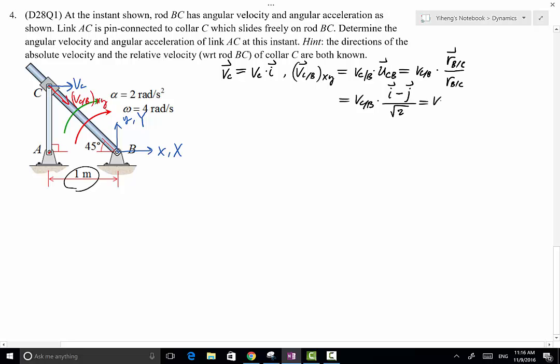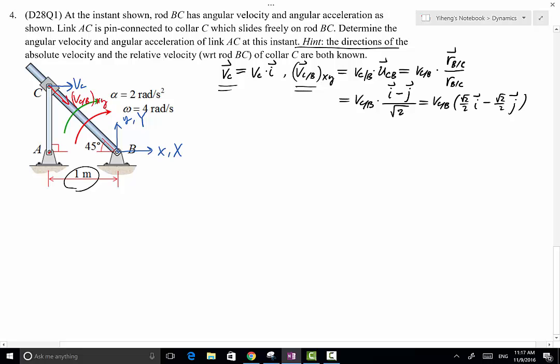So this equals Vc relative to B times square root of 2 over 2 i minus square root of 2 over 2 j. So that's what we know about Vc, the absolute velocity of point C, and the relative velocity of C along the rod BC. We do not know the magnitudes, but we do know their direction. Remember, here is a hint: we do know the direction.